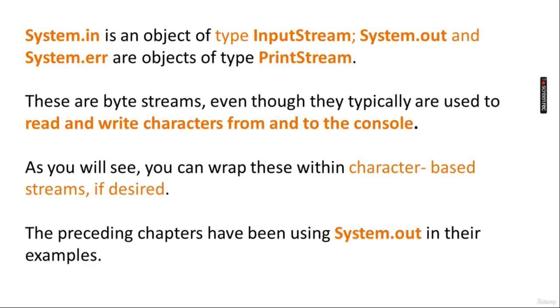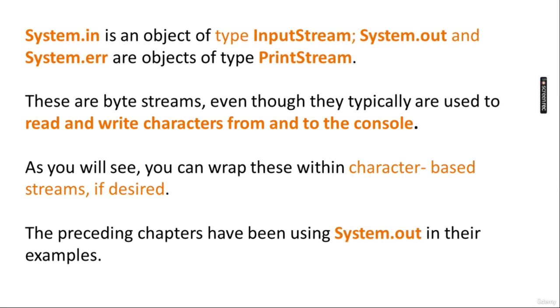System.in is an object of type InputStream. System.out and System.err are objects of type PrintStream. And these are all byte streams, even though they are typically used to read and write characters from and to the console. They are byte streams by default. You can wrap them within character-based streams if desired.